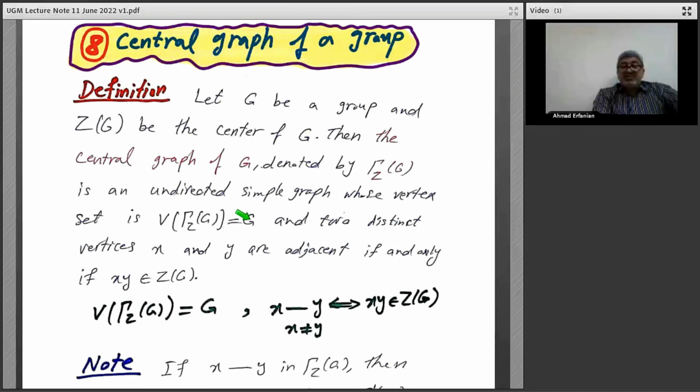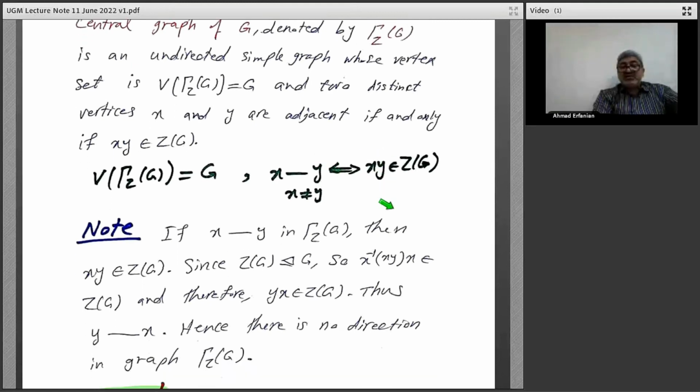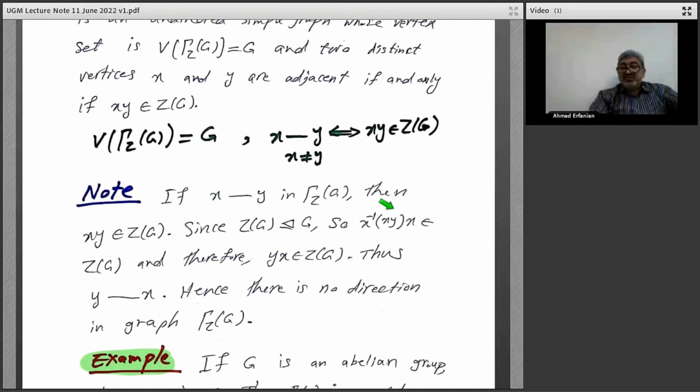The vertex set is the whole group, all elements of G, and two distinct elements x and y are adjacent if and only if the multiplication xy is in the center.